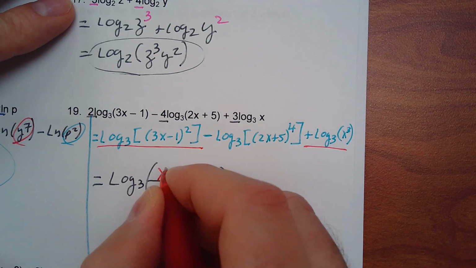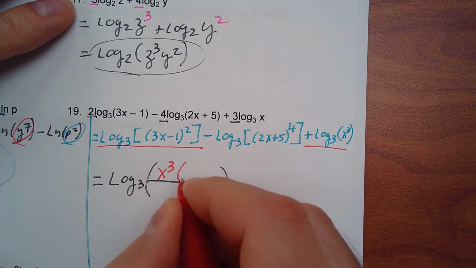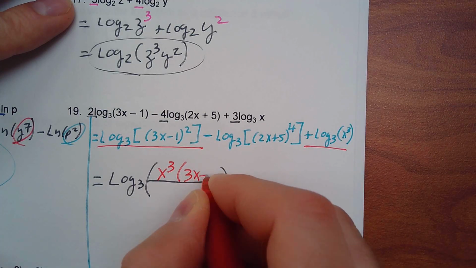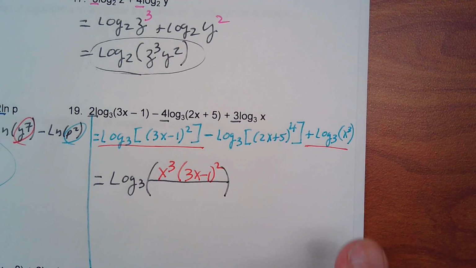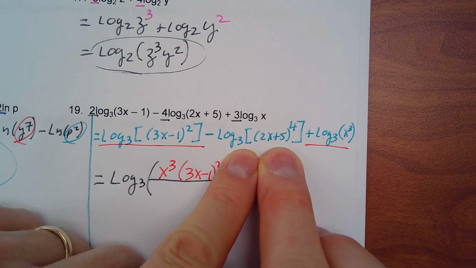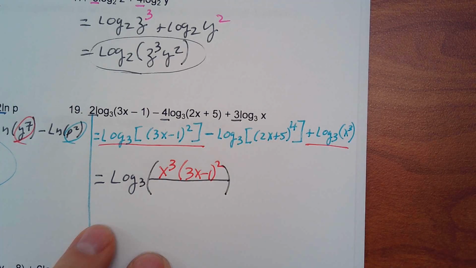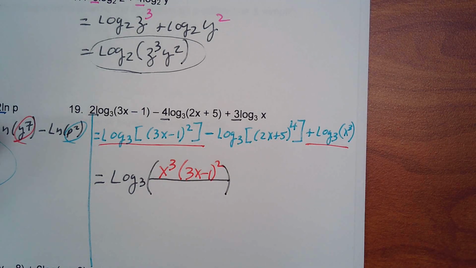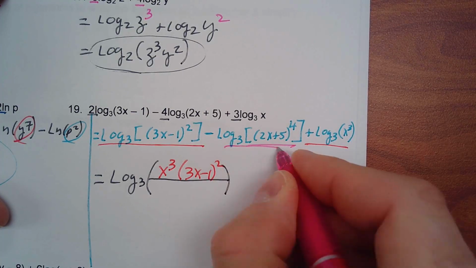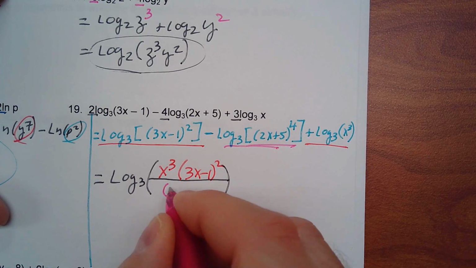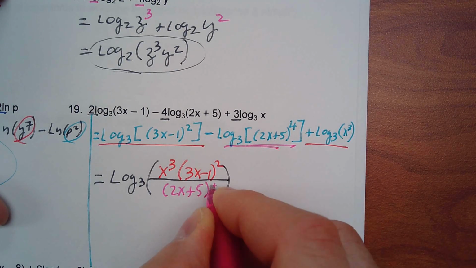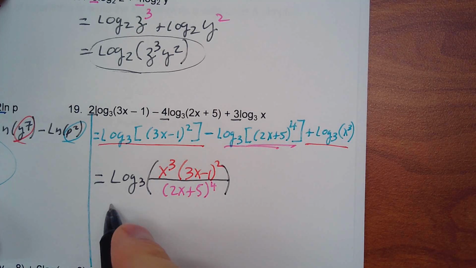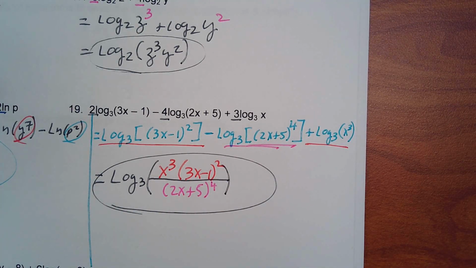Then the 3x minus 1 squared. And then the 2x plus 5 to the 4th power has to go down at the bottom, because there's a subtraction in front of that log. So that big old mess will be your answer.